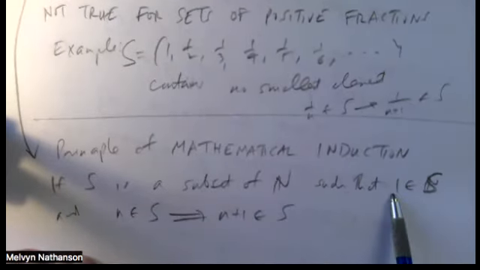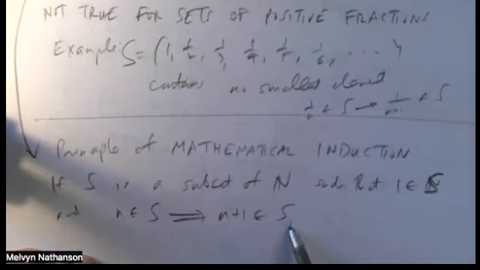It's not empty because it contains 1. And whenever it contains a number n, it contains the successor, the next number, n plus 1. So if S is such a subset, then in fact, S is the set of all positive integers.